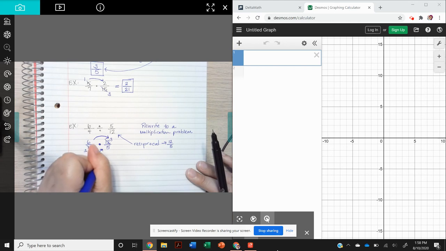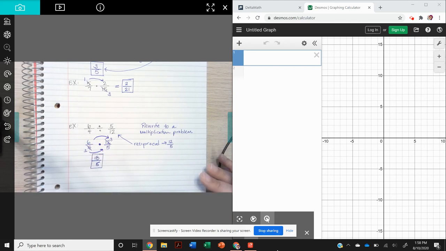Now on Delta Math, and I don't have Delta Math pulled up, but if for some reason Delta Math says that this value should be a mixed number, because right now it is an improper fraction, if it needs to be a mixed number, you're going to take 5 and divide into 18.